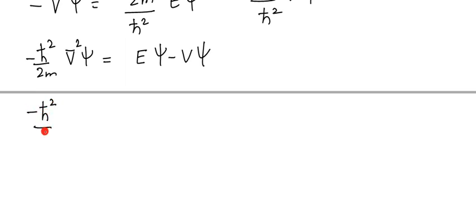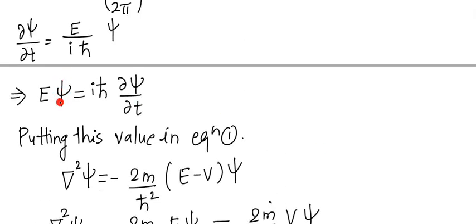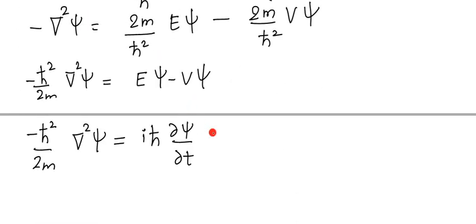If you put the value, h cut square by 2m Nabla square psi is equal to i h cut del psi by del t, because it is the value of E psi here. E psi is equal to i h cut del psi by del t. And then again it is V psi.